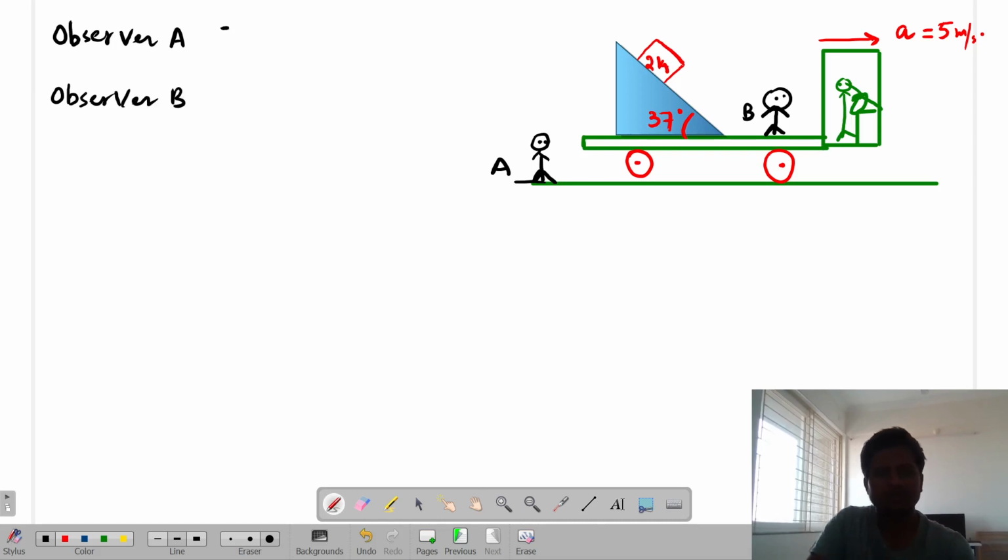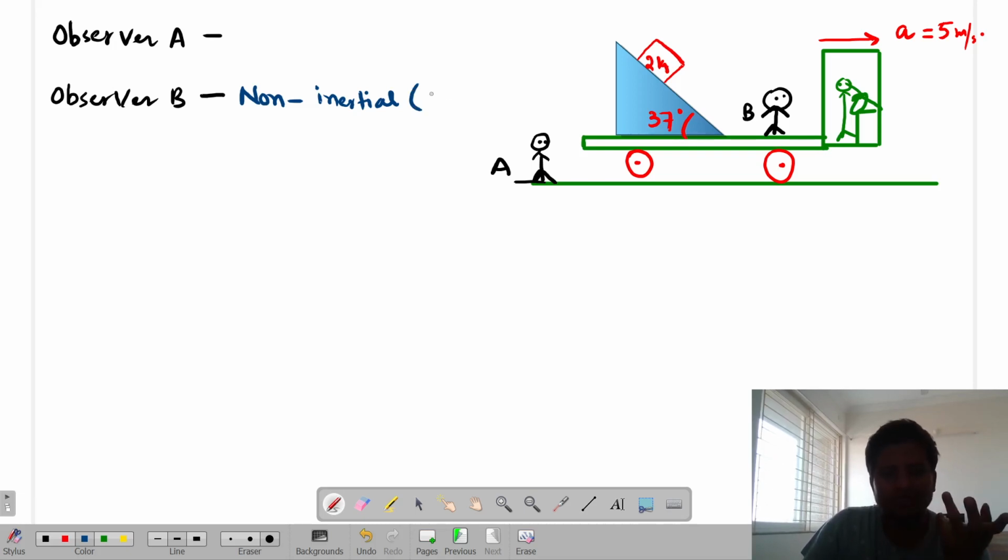First tell me which observer is inertial and which observer is non-inertial. Which observer is it? B is non-inertial.